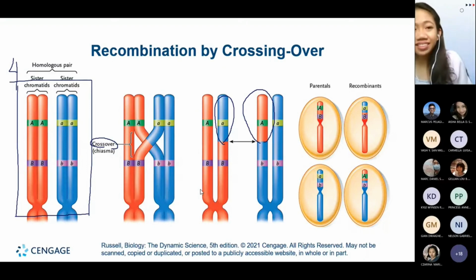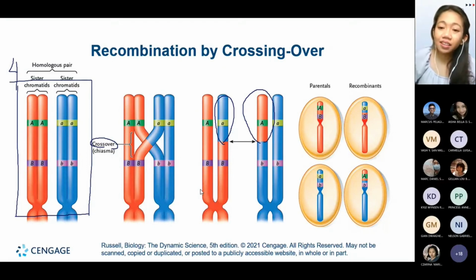Starts with the letter C. Ayan. Thank you, Sarah. That's chiasmata, or chiasma in some references.